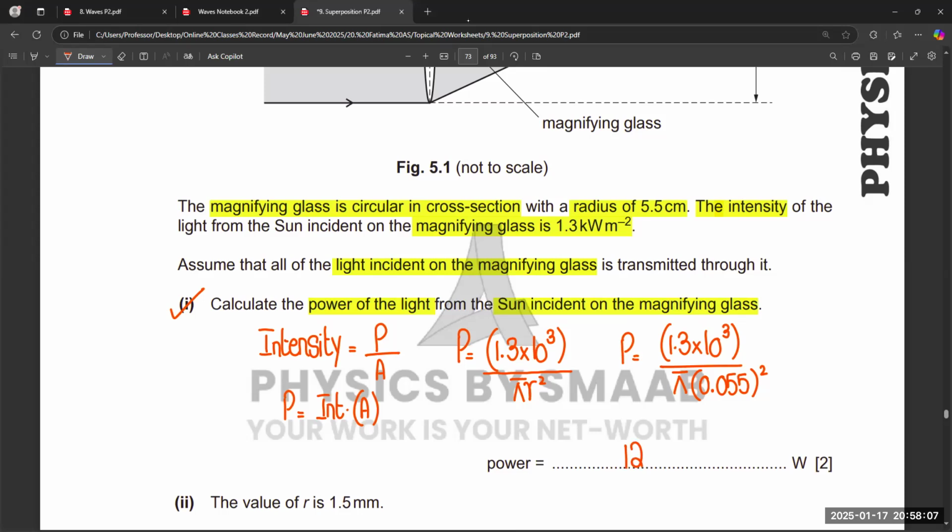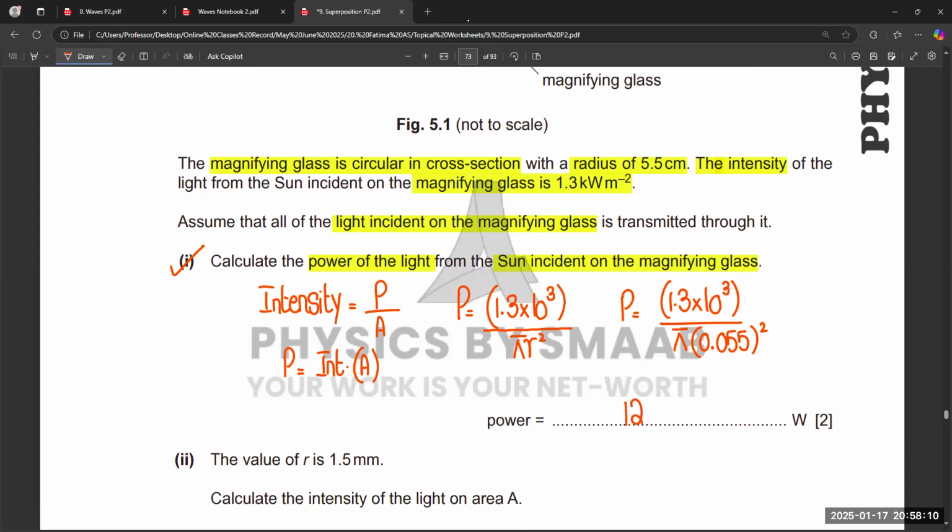So the value of power is 12 watts. Okay.